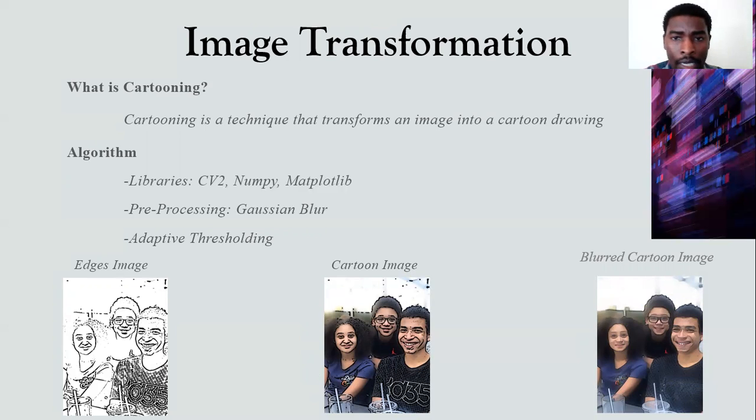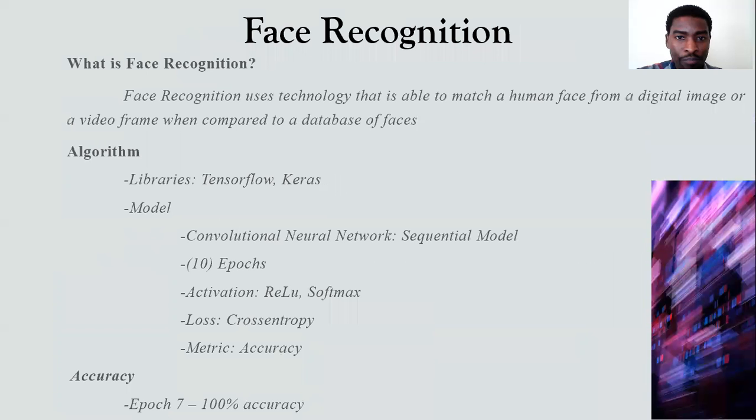So overall, I was pretty impressed and happy with the outcome. My niece and nephews thought it was really cool, and they were interested in trying to do other things to the images. The last thing that I did was face recognition.